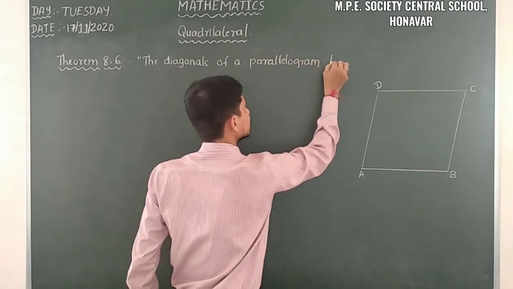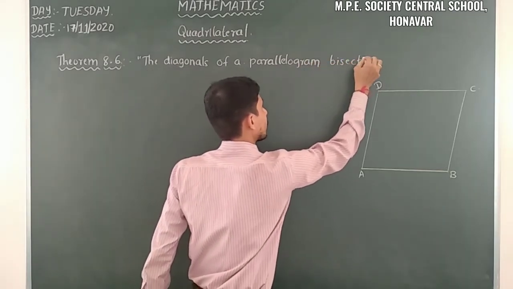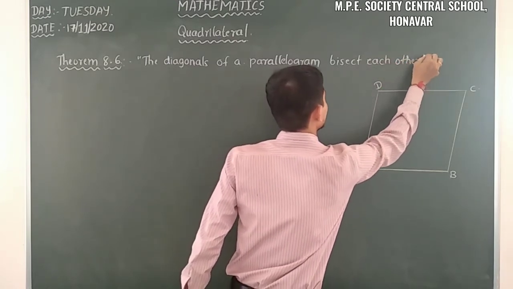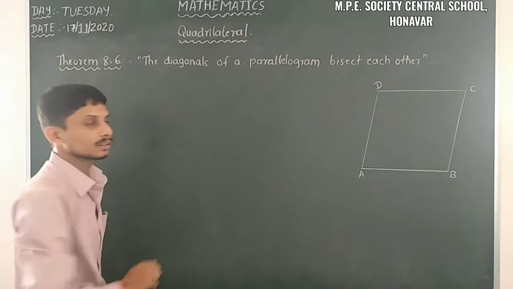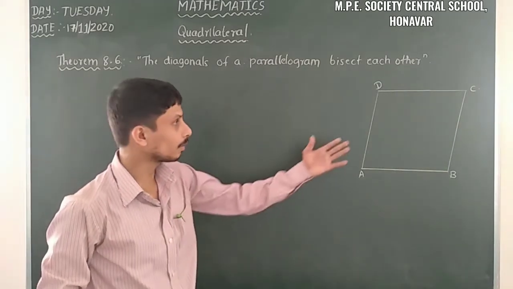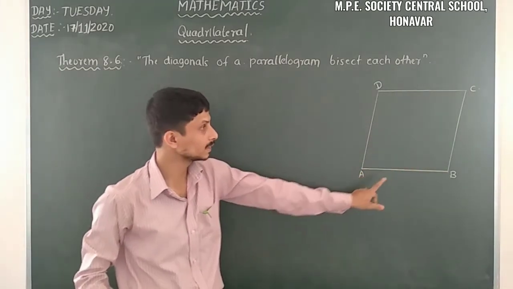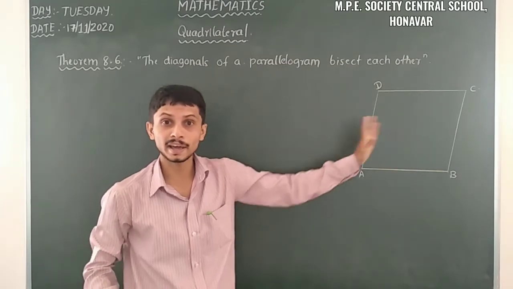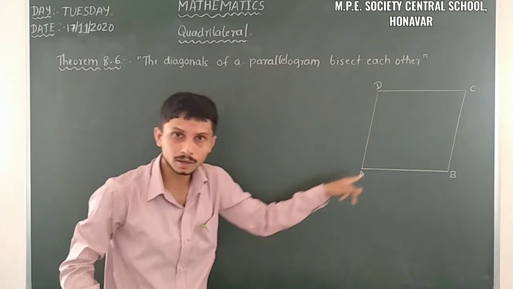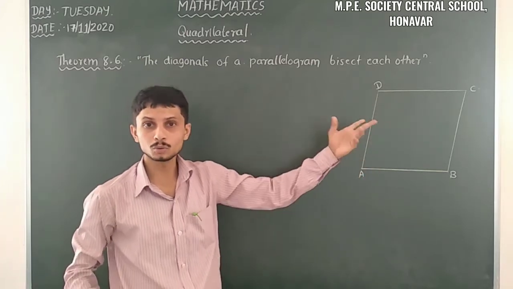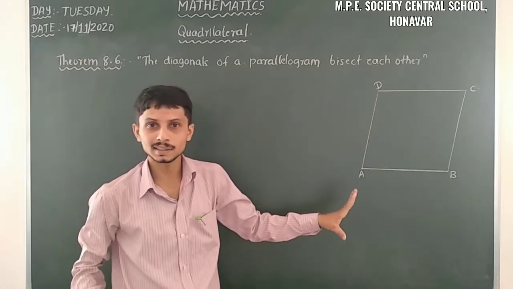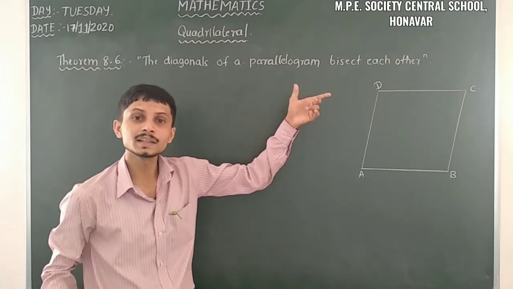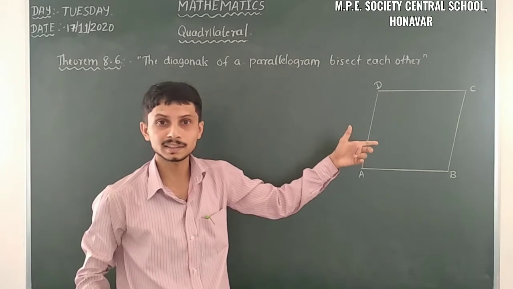So here we have the statement. When we have a parallelogram, ABCD is a parallelogram, the opposite sides are equal and opposite angles are equal. When we draw a diagonal, it divides the parallelogram into two congruent triangles. And also we have the property that the diagonals of a parallelogram bisect each other.